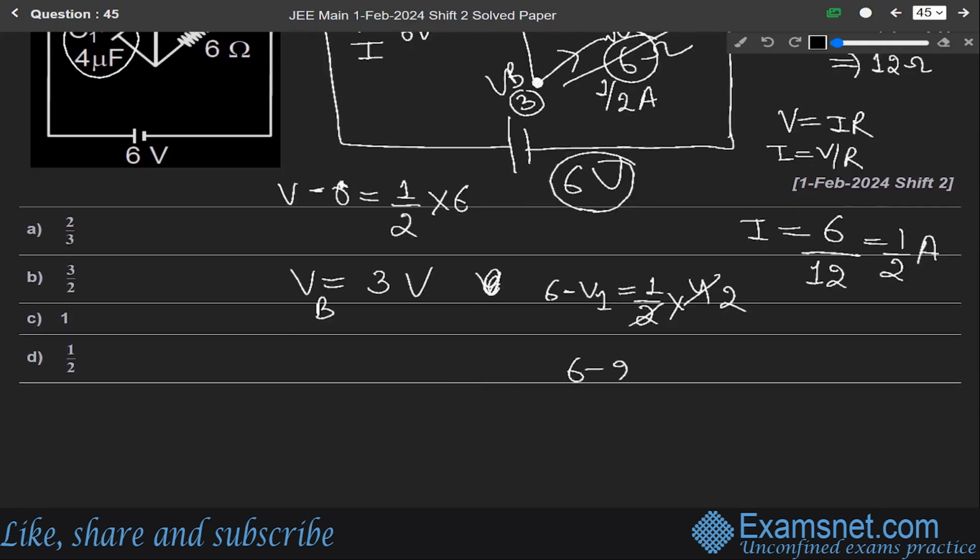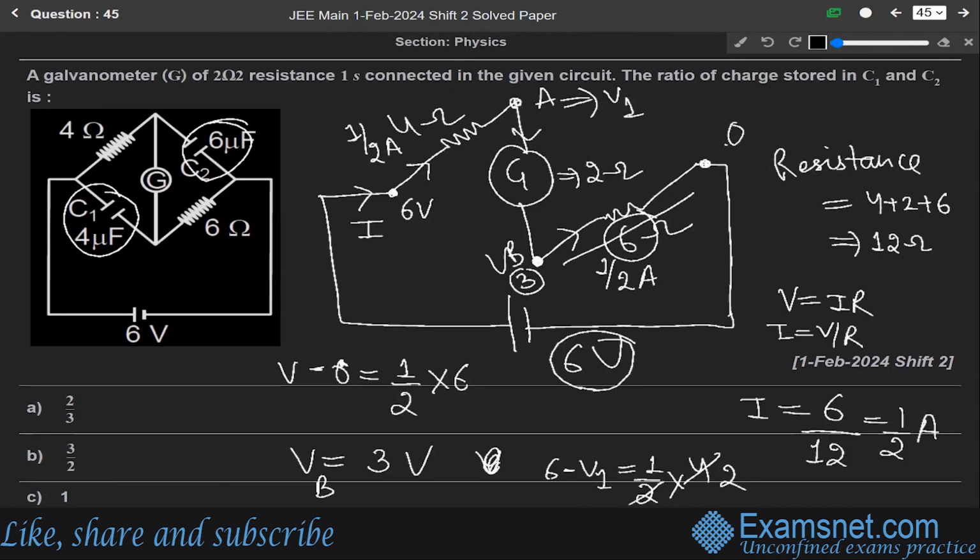So 6 minus 2 equals V1. So V1 is 4 volt, which means at point A the potential is 4 volt and at point B the potential is 3 volt.